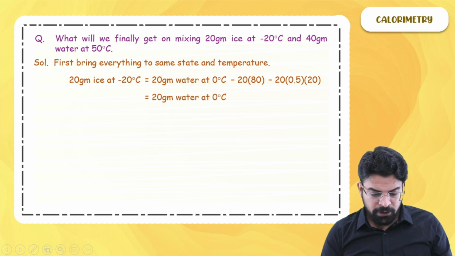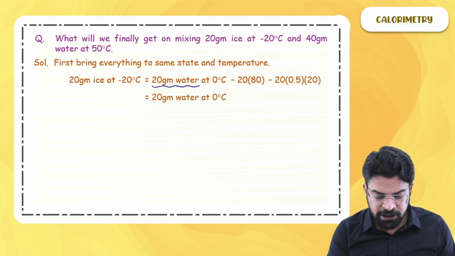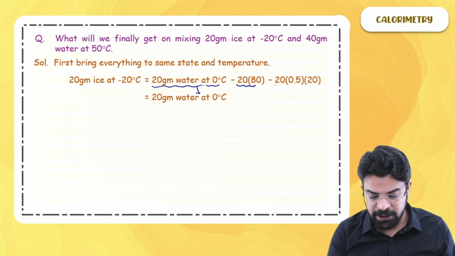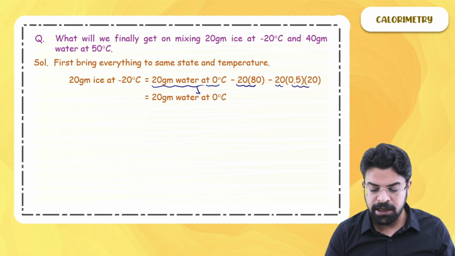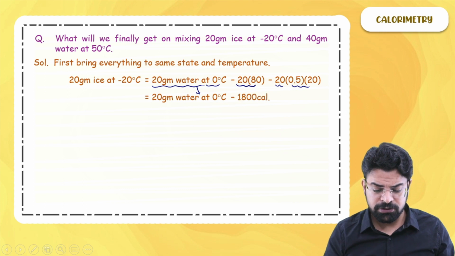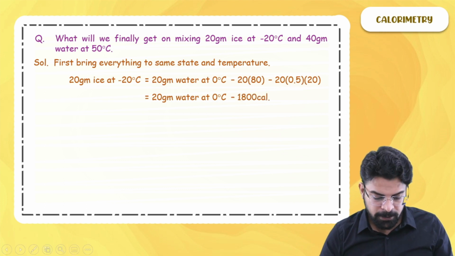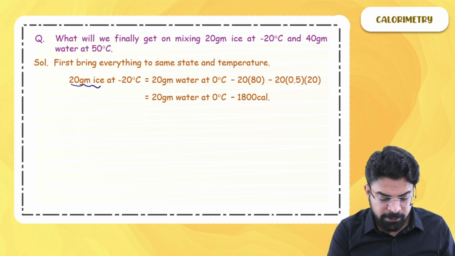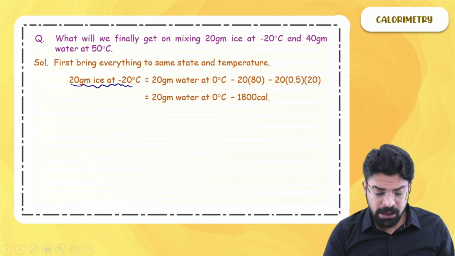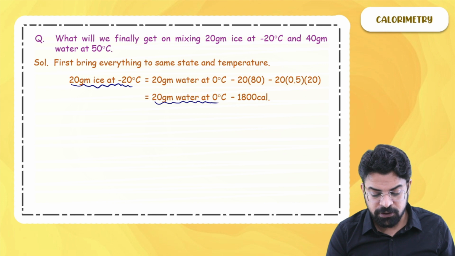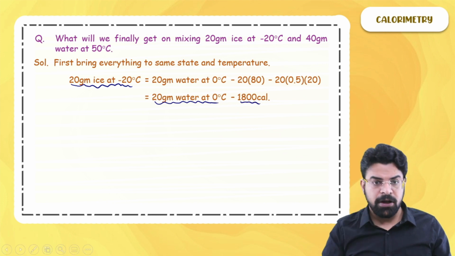You can write the same thing as 20 gram of water at 0, minus 1600, and 20 into 10 becomes minus 200, so this gives minus 1800 calorie. Do the maths. Now, we have brought 20 gram of ice at minus 20 to 20 gram of water at 0, from which you have to take out 1800 calorie.